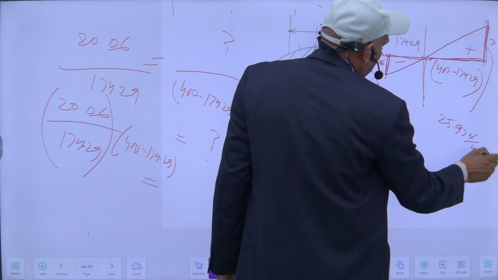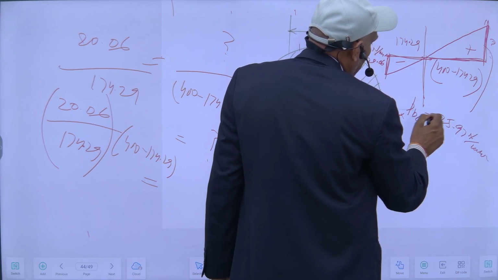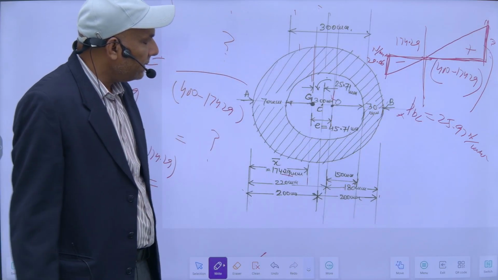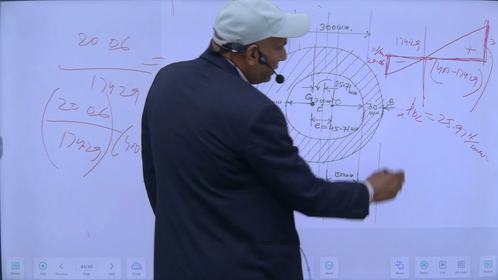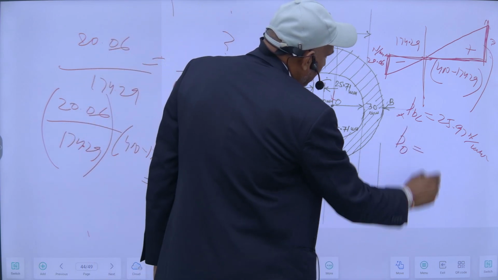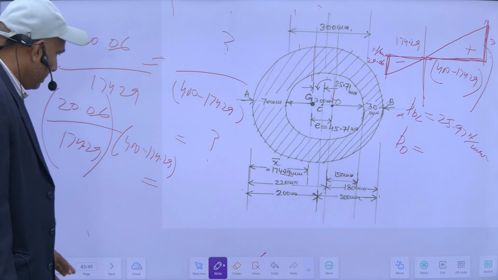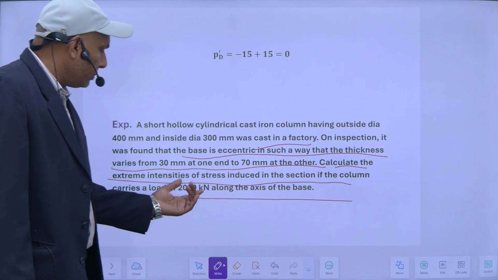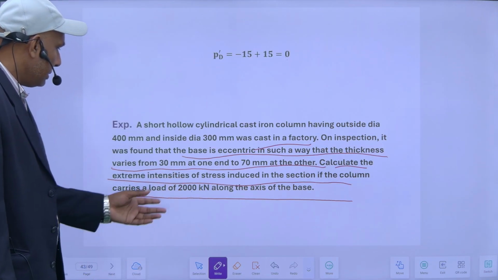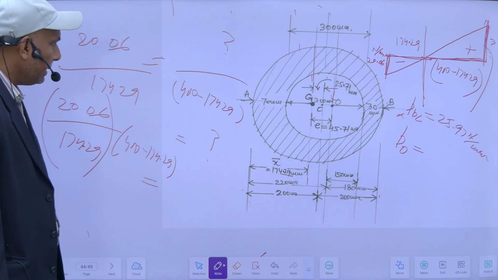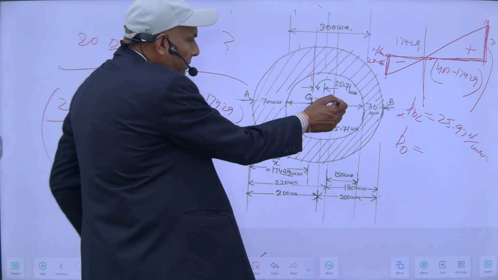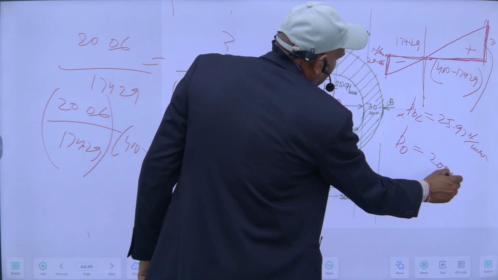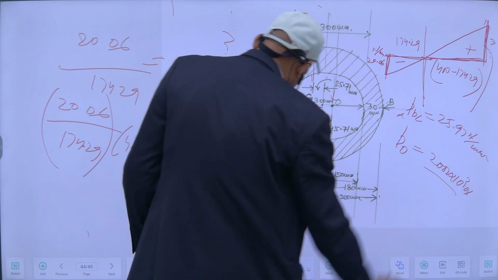So this is one part, the bending compression. Obviously my maximum stresses will be on this face, because my direct load is creating compression everywhere. So this plus the direct stress, which is load upon area. My load of 2000 kilonewton is acting at this point O, divided by the area. So this will create a direct stress, 2000 kilonewton upon area.